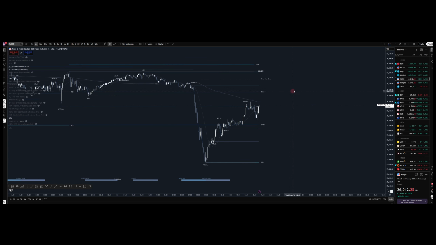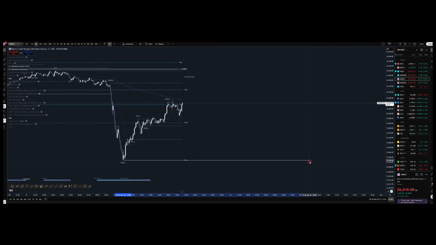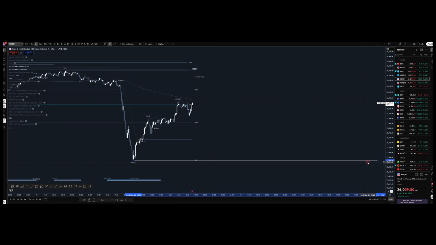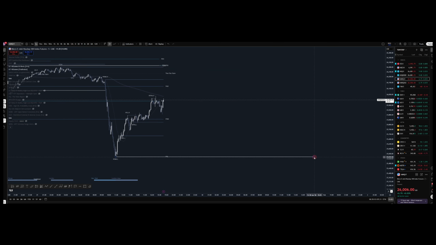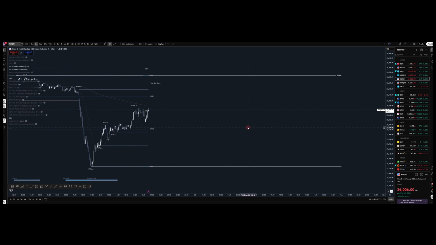Put a few more things on my chart. Where are we? PDL. I'm going to drag this across to 1800. Put our zones in.